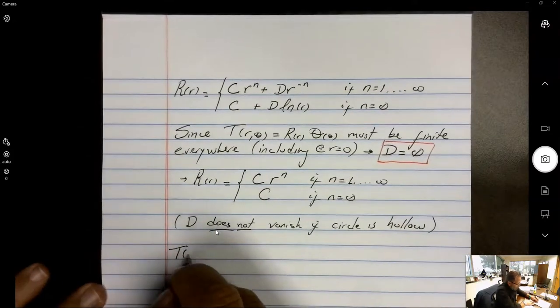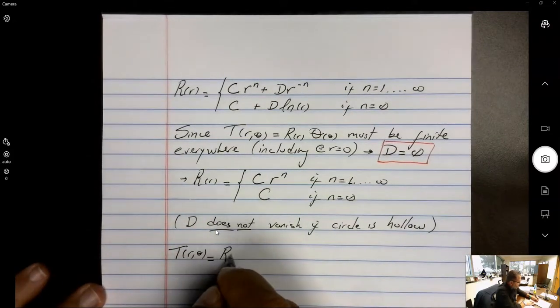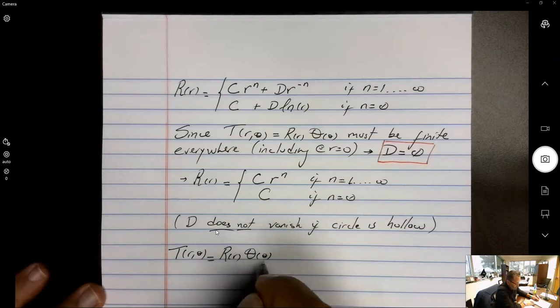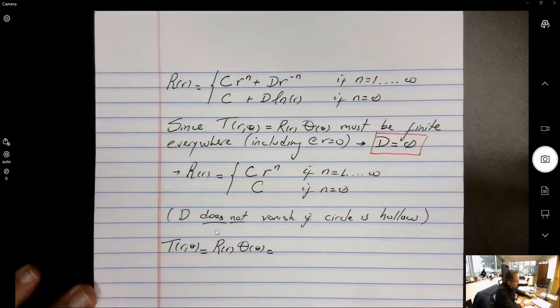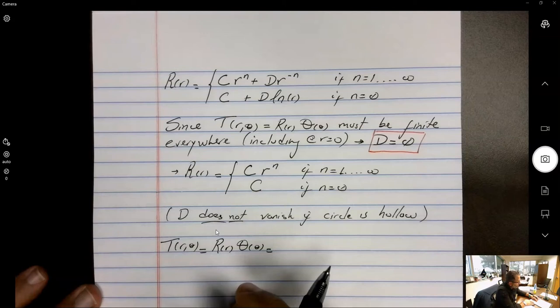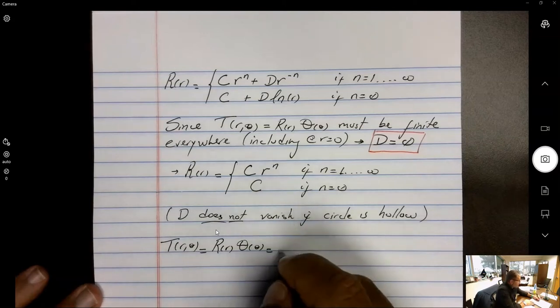So the solution T of r and theta, which is equal to R of r times Theta of theta, is equal to the summation over all possible eigenvalues, which are essentially the integer numbers.